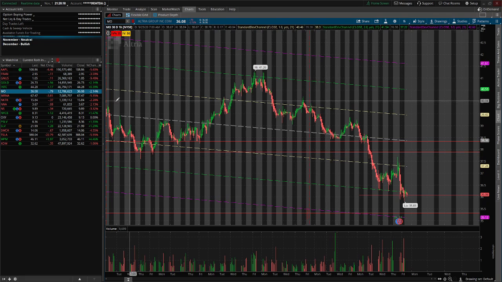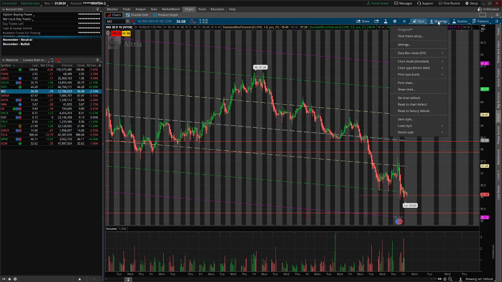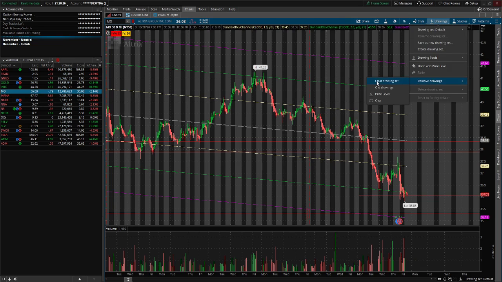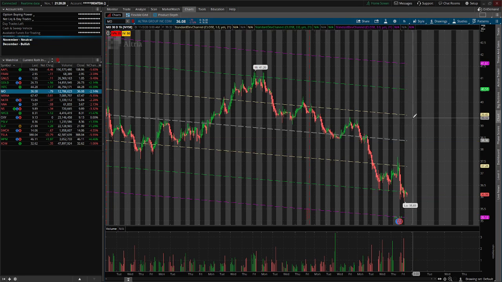Actually, I've got stuff already drawn on this one. Let me clear all my stuff. So I'll start here. I'll draw a line with the lowest number, and typically this is at a really big low, so you'll see what I mean in a second.